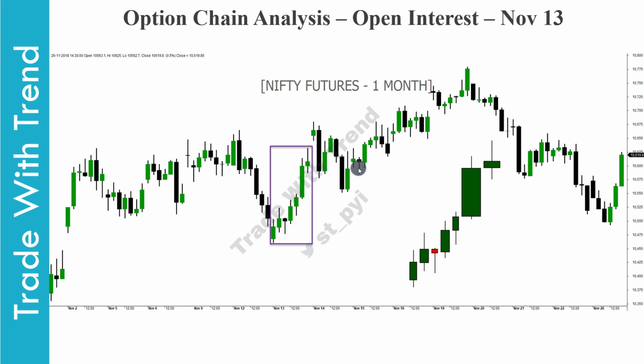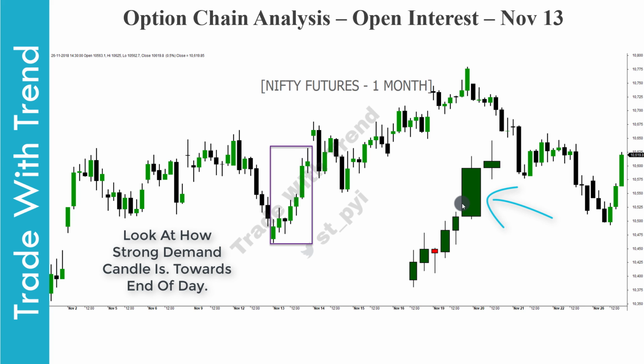So this is the price analysis chart for November 13th. Price staged a remarkable comeback to close higher on the back of strong momentum. If you look at the candle volume charts, clearly one strong demand candle is visible towards the end of the day. This strong demand candle essentially countered the strong supply candle that you saw in the previous session.